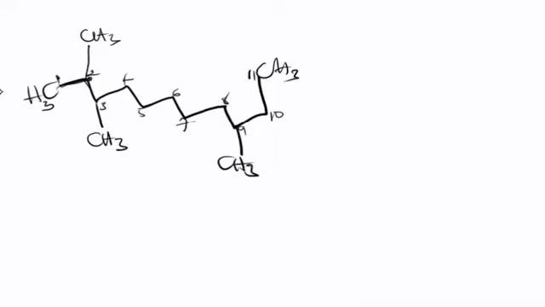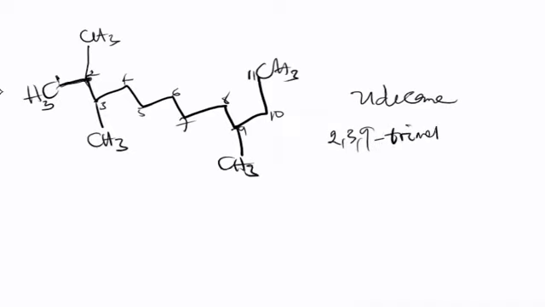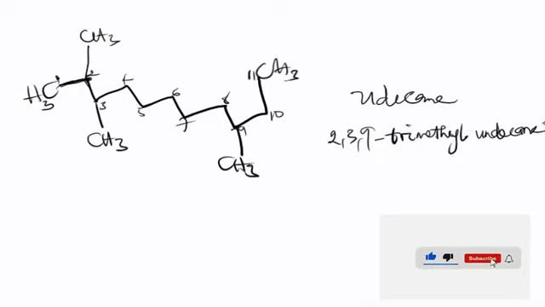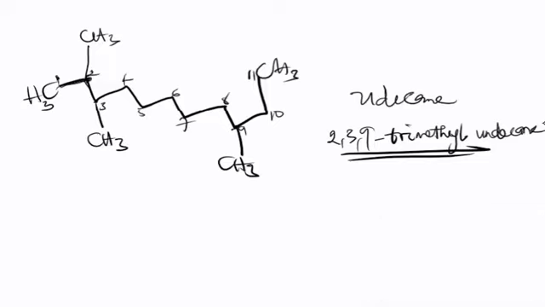An 11 carbon alkane is an undecane, and I have methyl at 2, methyl at 3, and methyl at 9. So I have 2, 3, 9, trimethyl undecane. Wow. So you see how simple it looks to actually name these compounds.